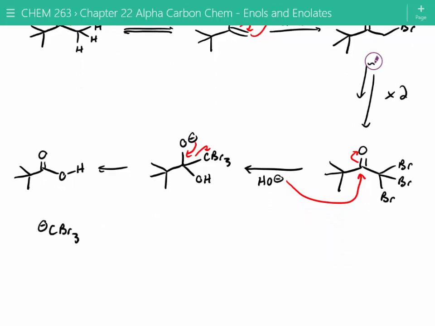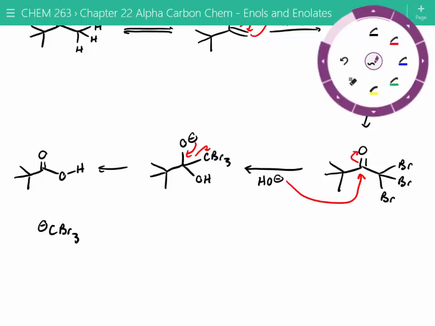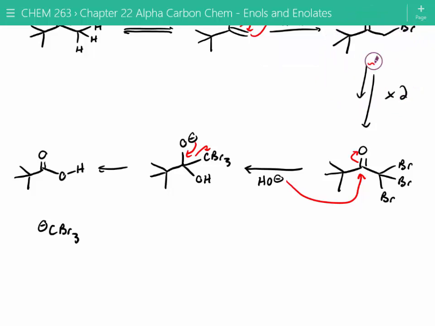Why is carbon an okay leaving group in this example? Yeah, it's got 3 bromines on it sucking electron density away, so in this case it's a decent leaving group. And so this carbon still wants its proton, so it'll steal it back from the carboxylic acid.